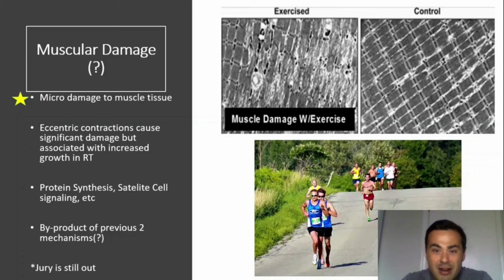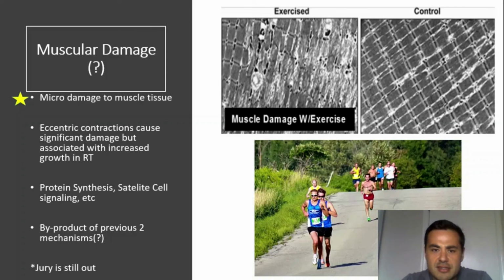Maybe it's just a byproduct of the previous two mechanisms, so mechanical tension and metabolic stress, and maybe the muscular damage is just because of those things, right? Possibly. The jury's still out a little bit. There has been some things that have shown that you can still get muscular damage by doing cycling type stuff, and you can still get hypertrophy from doing cycling type activities, especially in those who are untrained.